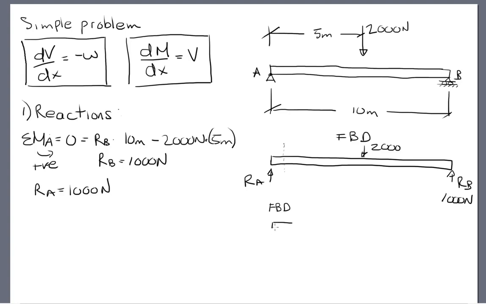We're going to have 1,000 newtons here, and we're going to have some shear value V, and some unknown M. So, calling this method of sections 1, sigma Fy equals negative V plus 1,000 newtons, so V is equal to 1,000 newtons.